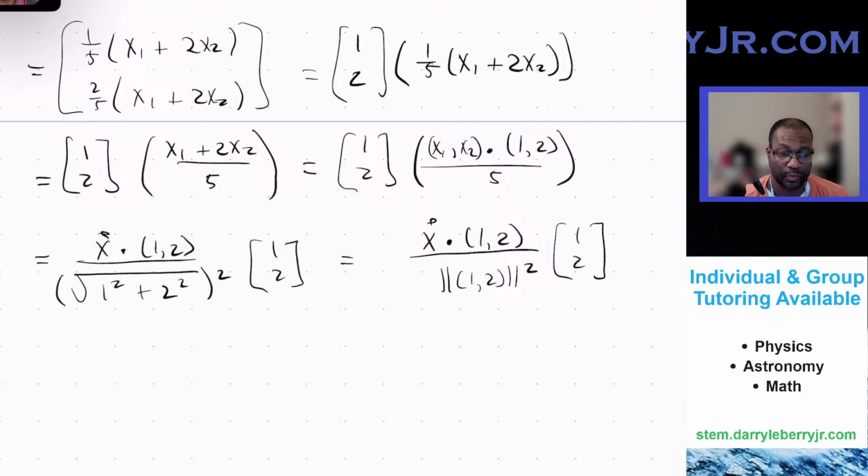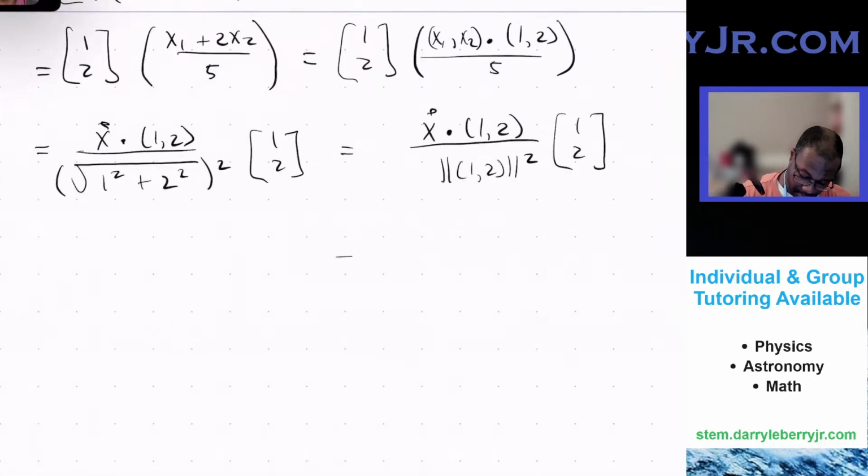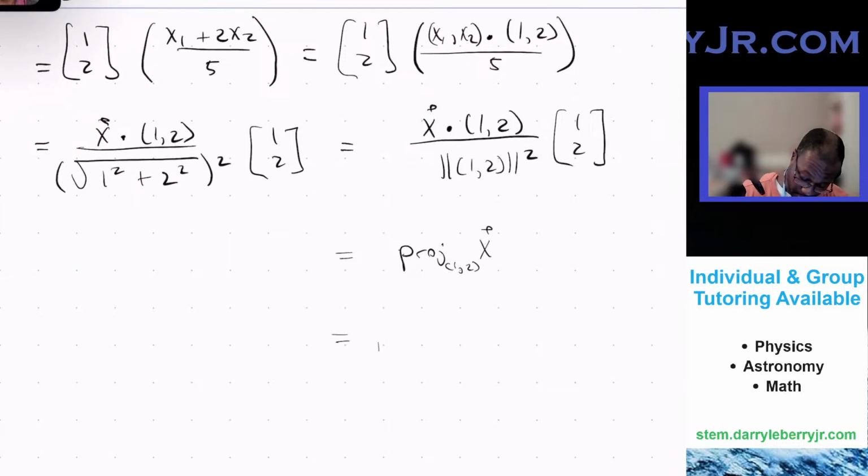Now we see where the 1/5 comes from, because we were using the vector 1, 2, and this becomes the projection onto 1, 2 of x, by definition. The projection of x onto the line spanned by 1, 2 equals the projection onto L of x, where L is the span of 1, 2.